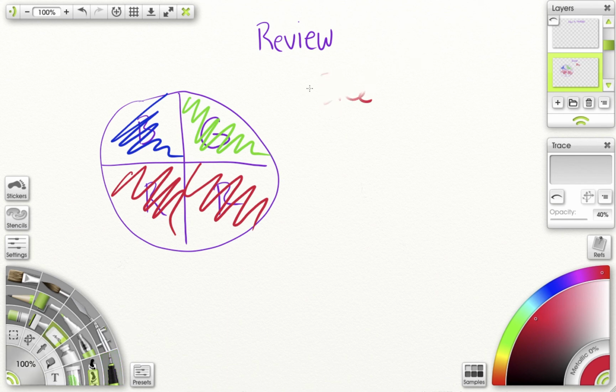Well, if this is a perfect circle and they're all split up equally, this takes up about 1/4 of the circle. So if I spun the spinner, I have about a quarter chance of landing on blue.